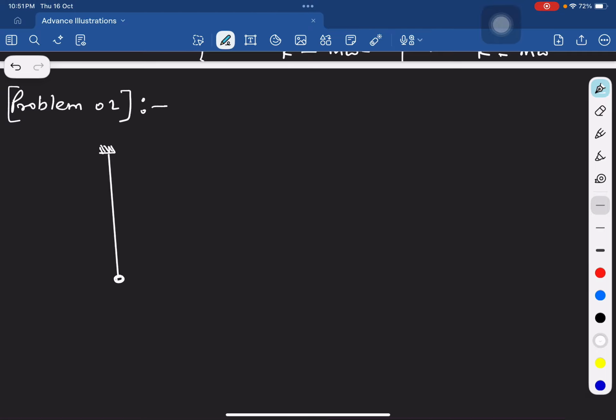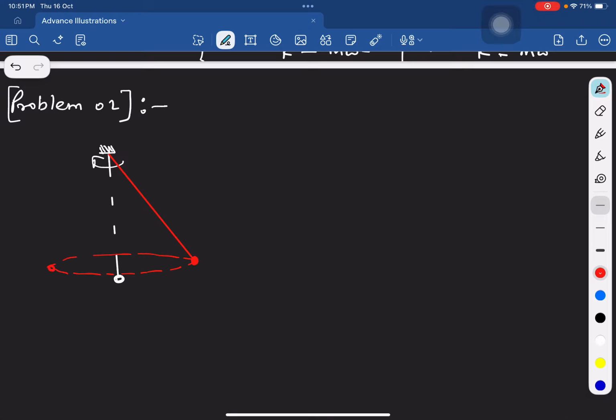You give a certain angular velocity here, and it will actually start moving like this. I'll show you. It will start moving like this.